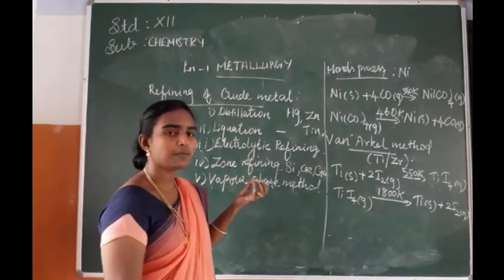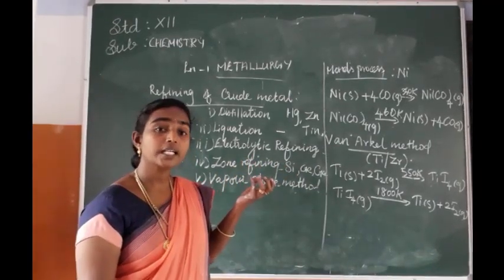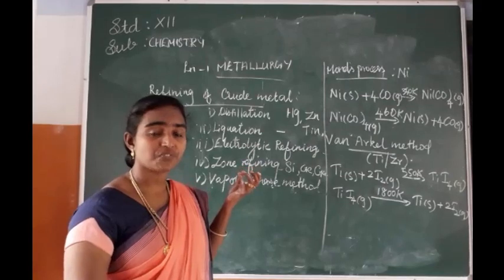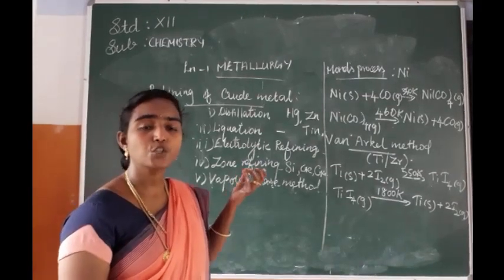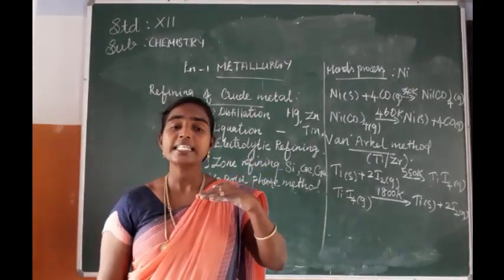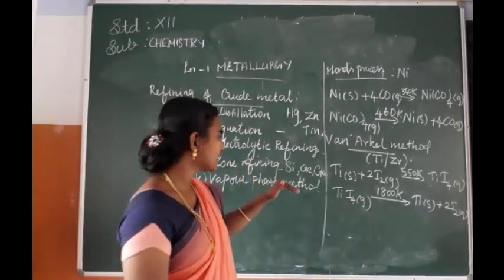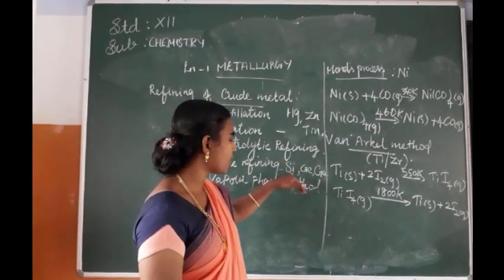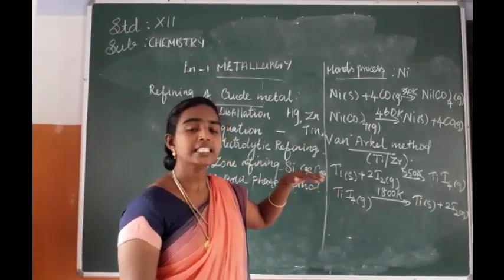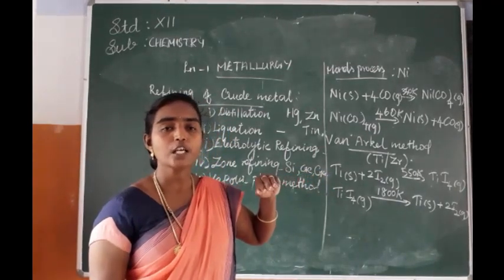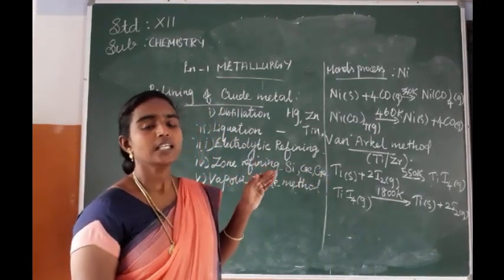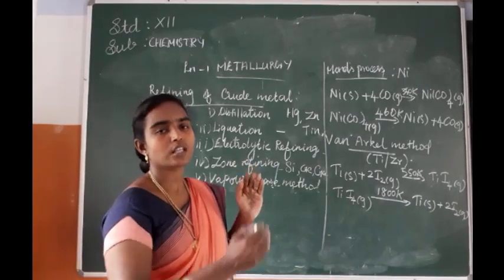Next, the zone refining method. Zone refining depends upon the principle of fractional crystallization. It should be done under an inert gas atmosphere. Examples of metals are silicon, germanium, gallium. These types of metals can be purified by this method. We have seen the process also.